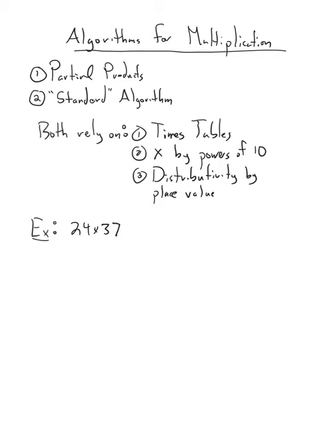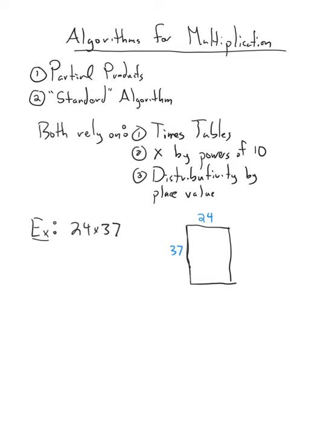So again, we can use that array model to help us out here. So let's say this horizontal dimension is 24 and the vertical dimension is 37. Again, you can think of this like a 24 block by 37 block chocolate bar, if you like.